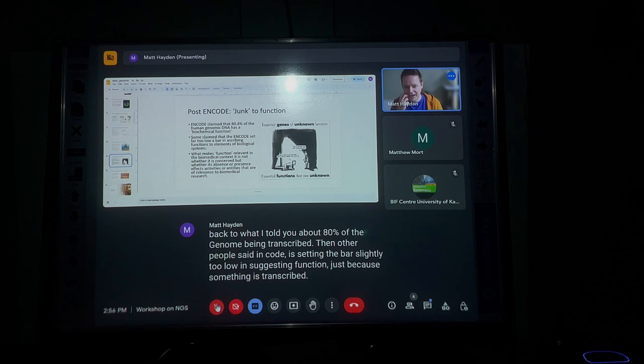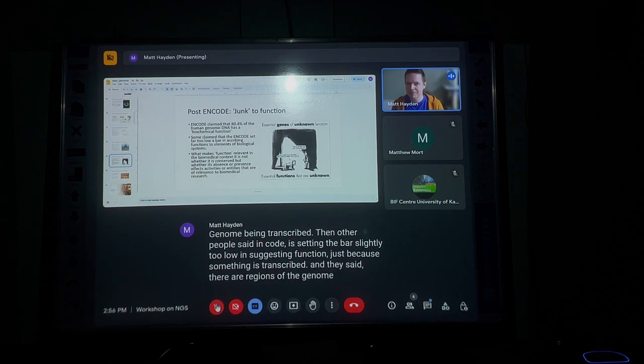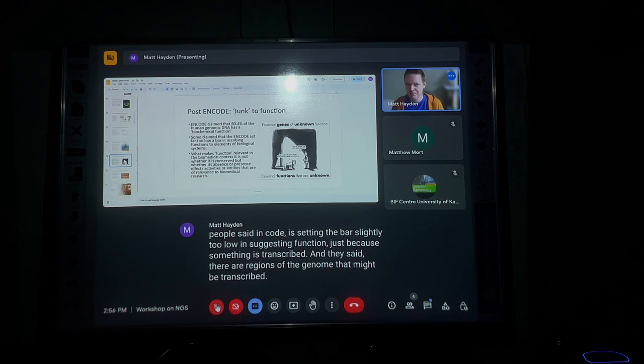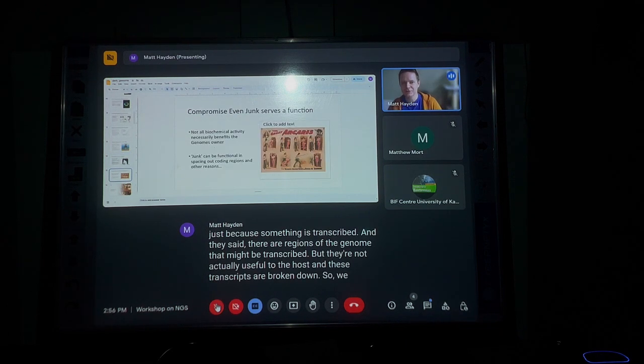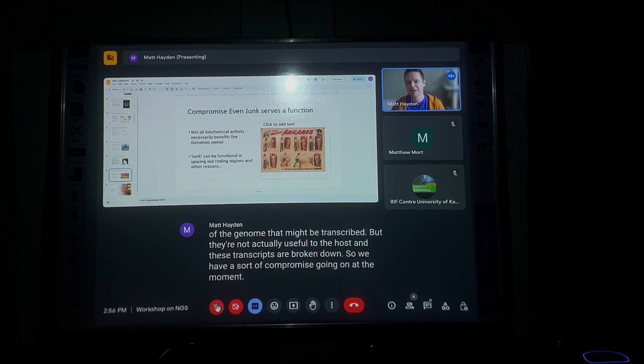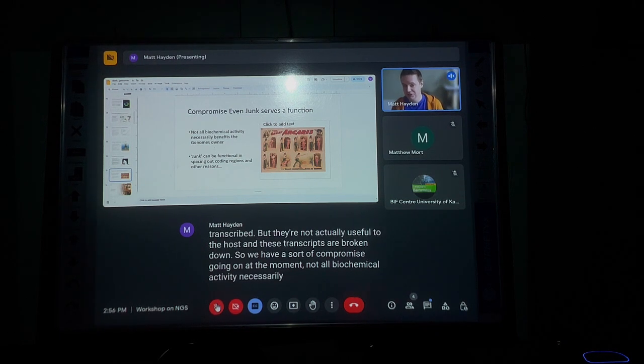And they said there are regions of the genome that might be transcribed, but they're not actually useful to the host, and these transcripts are broken down. So we have a sort of compromise going on at the moment. Not all biochemical activity necessarily benefits the genome's owner. Junk can also be useful.